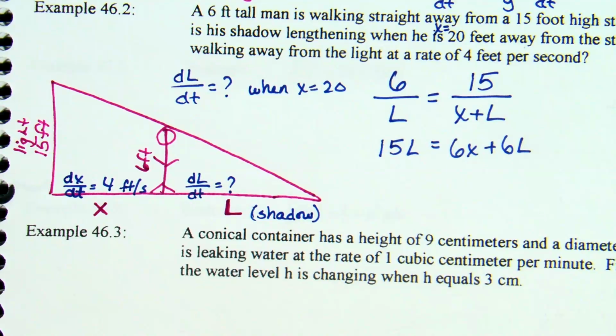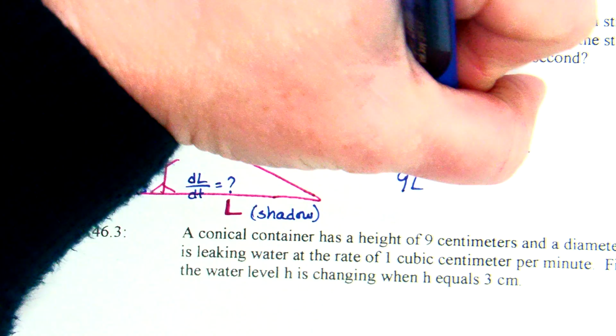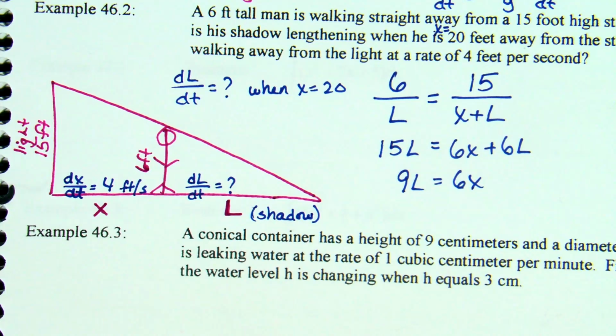At some point, we need to take the derivative. We could differentiate right now, or you want to clean it up a little bit? I personally would clean it up before I differentiate. We can subtract 6L from both sides, and that gives us 9L equals 6x.